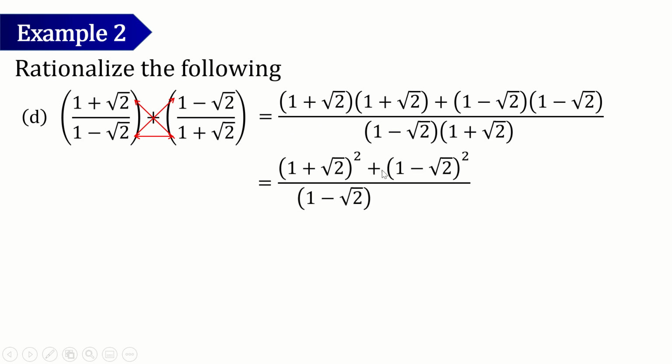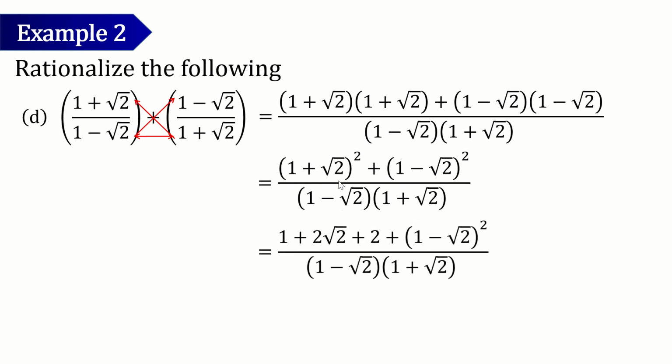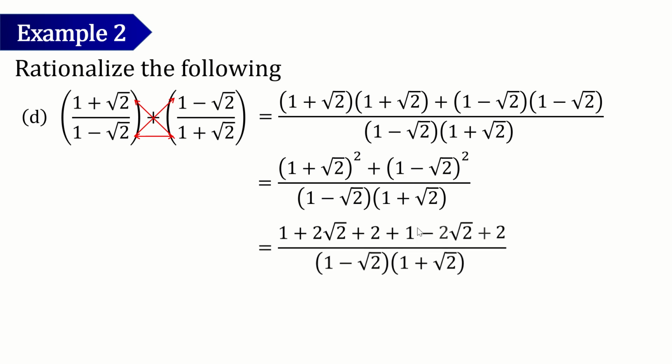So we simplify, and we get it like this. For 1 plus √2 squared, we can expand. It becomes 1 plus 2√2 plus 2. And for 1 minus √2 squared, if we expand, it becomes 1 minus 2√2 plus 2. For the denominator, if we expand, it becomes 1 squared minus √2 squared.